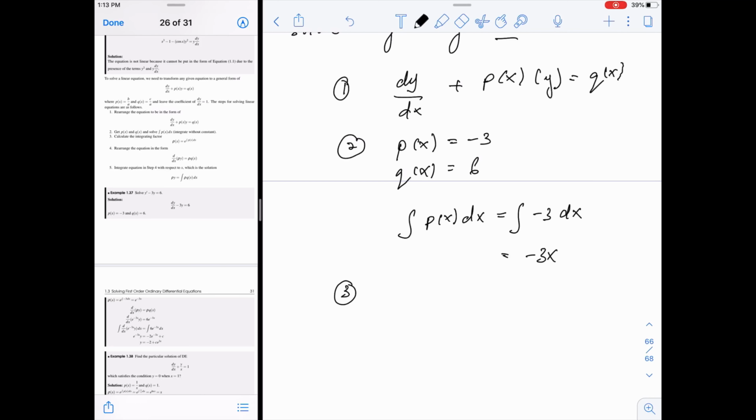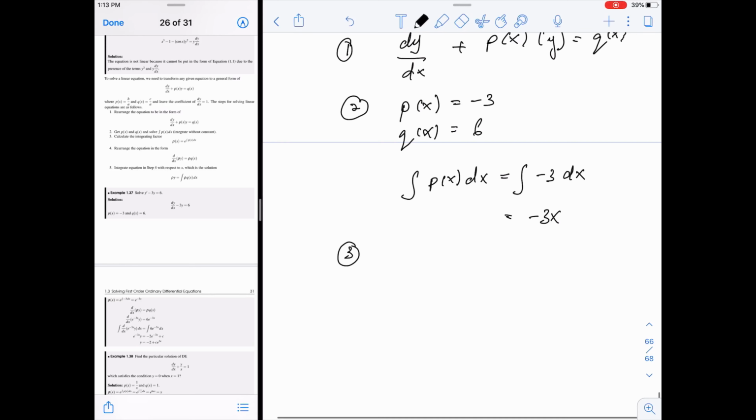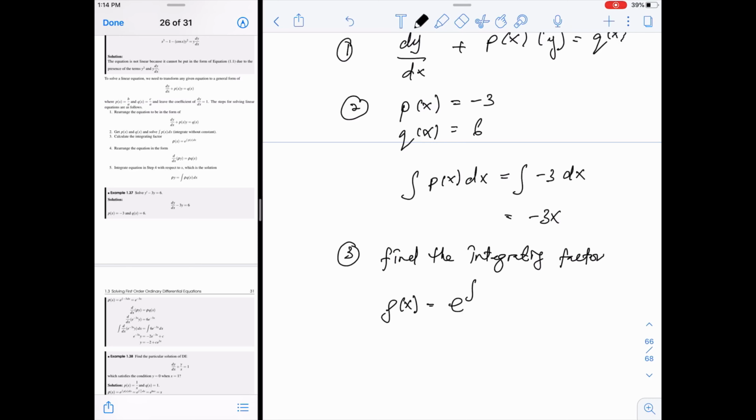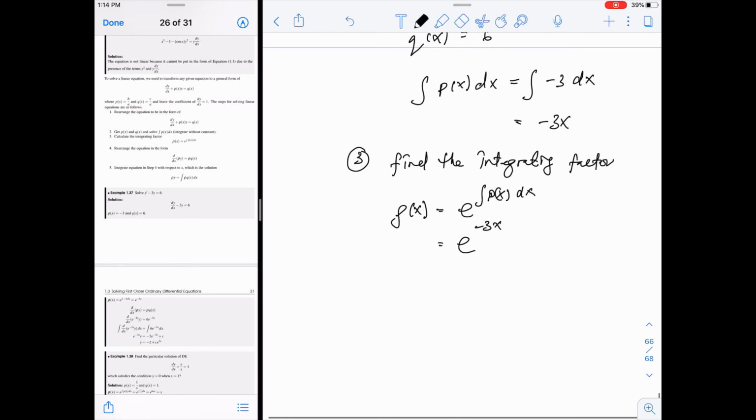The third step is you need to find the integrating factor. The integrating factor is denoted by rho(x), and you just take the exponent of the integral of P(x) dx, which is you already have e to the power of -3x.